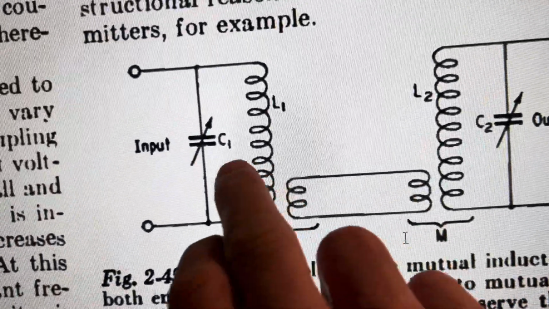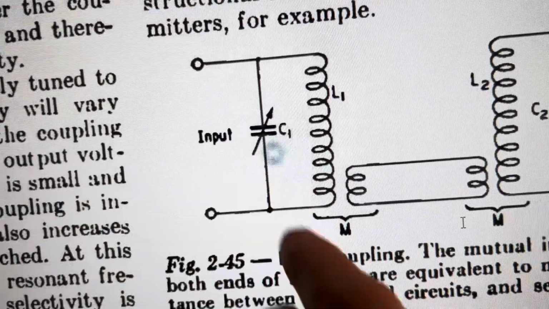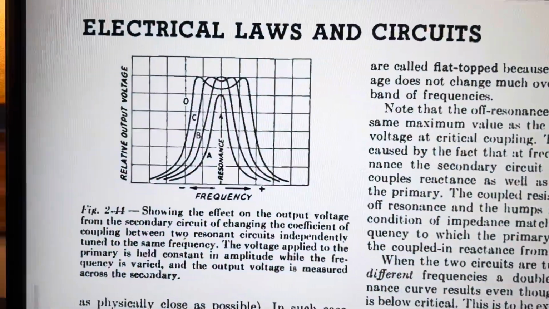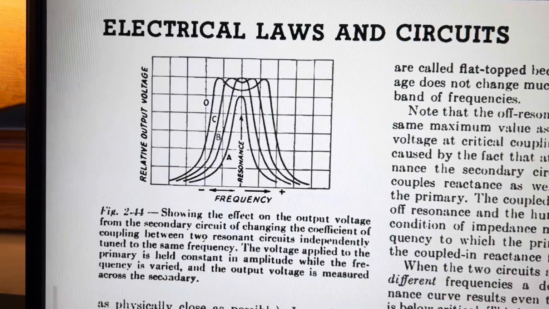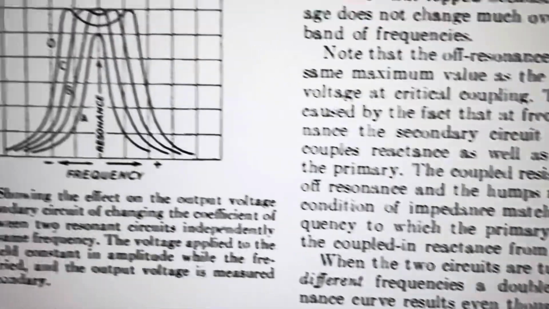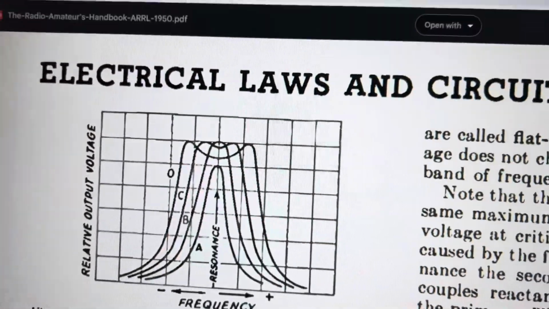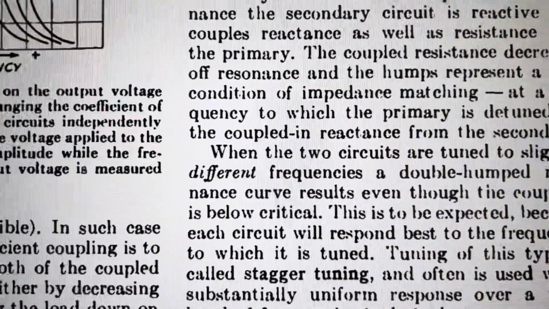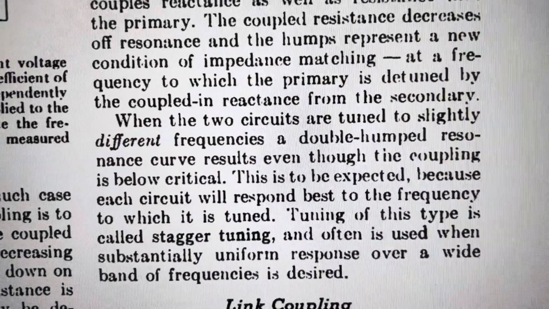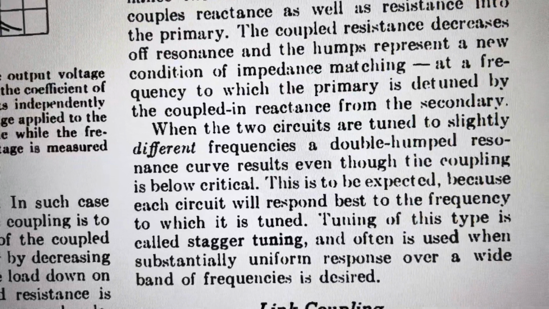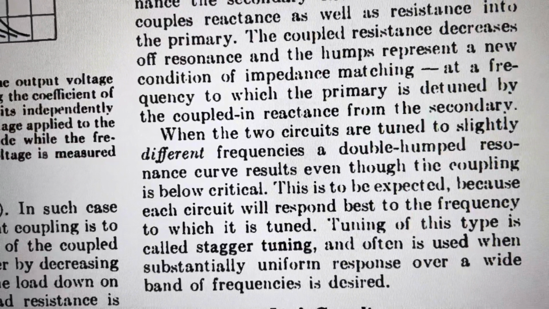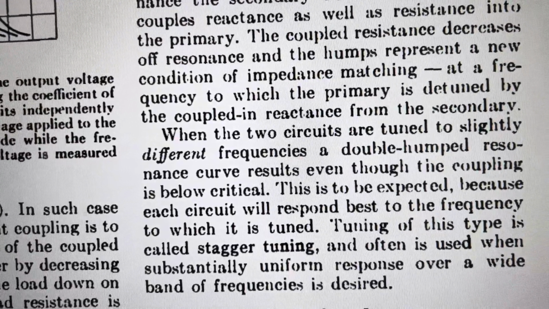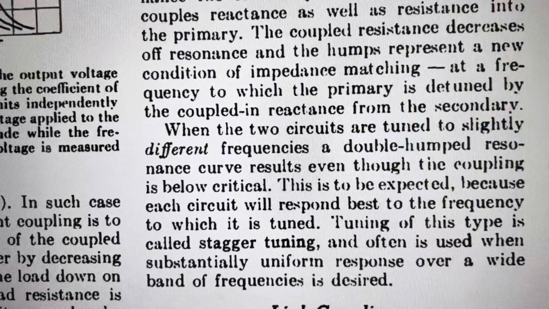This is like a variable capacitor, I guess. There are things in here that I don't know if they're even taught anymore. Here's one where they're talking about these different humps, and they say: when two circuits are tuned to slightly different frequencies, a double-humped resonance curve results even though the coupling is below critical.